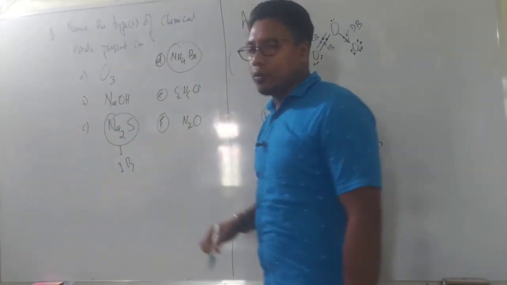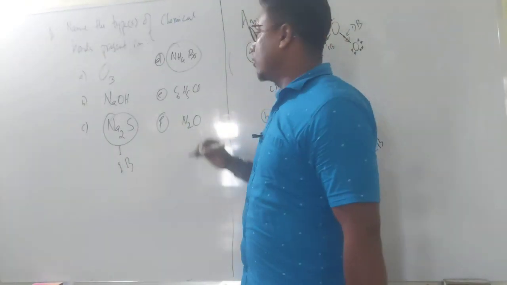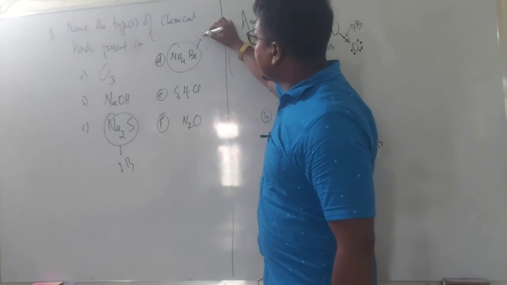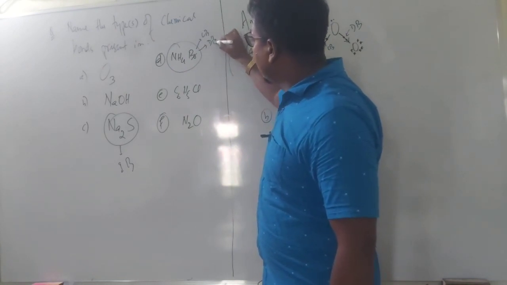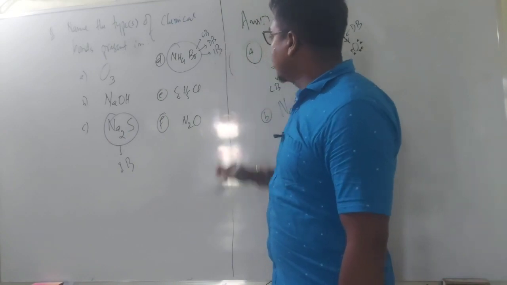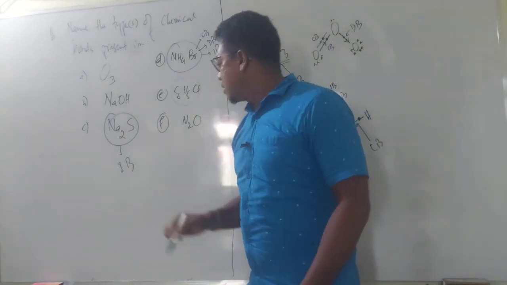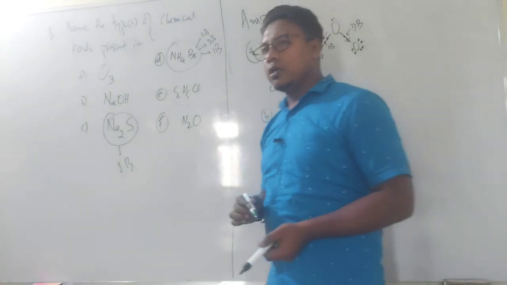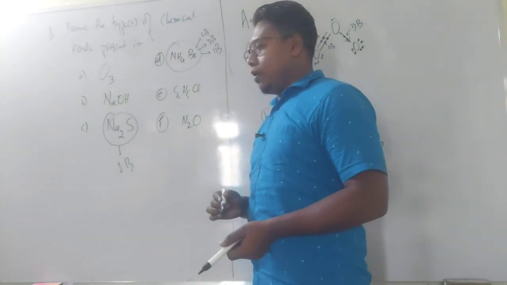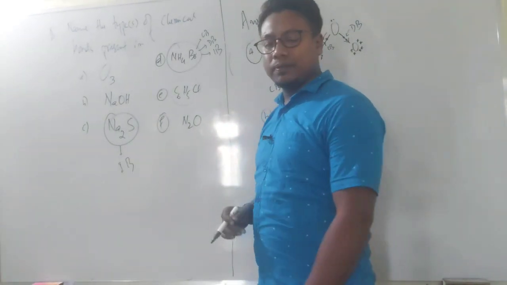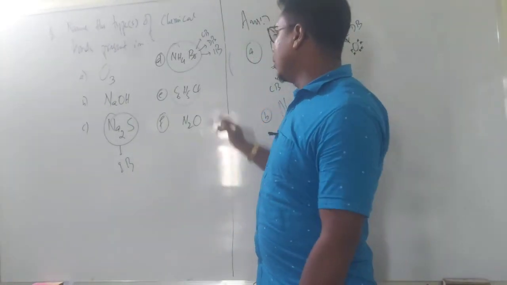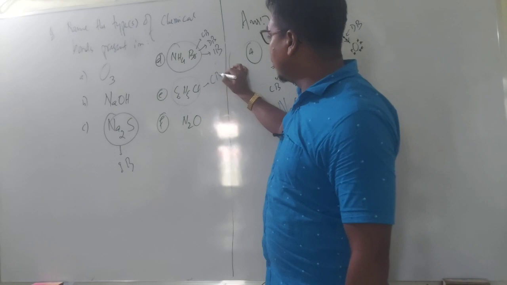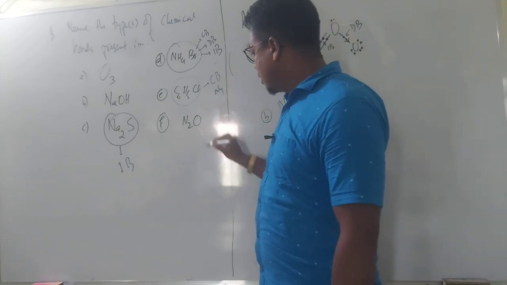Ammonium bromide, like I explained in ammonium chloride, contains all three types of bonds, which are covalent bond, dative bond, and ionic bond, right? So this is chlorobenzene or phenyl chloride, which contains only covalent bonds, not ionic bond, not dative bond.